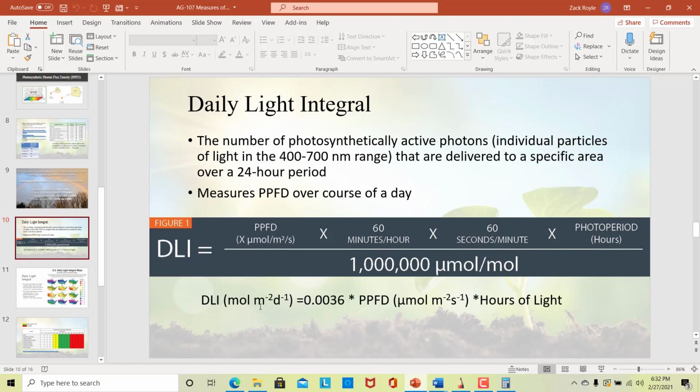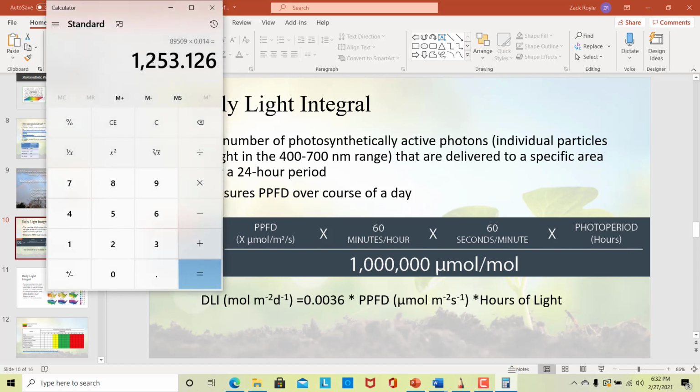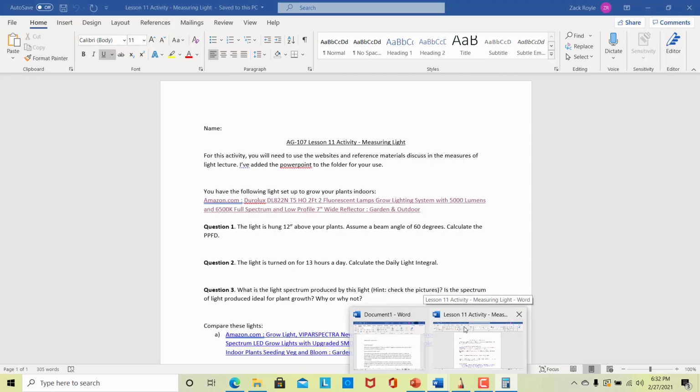So to calculate daily light integral, you take your PPFD value, which if I pull up our calculator, we have right here. You have to multiply it by how many hours of light are in the day. So if you go to your question, it would say there are 13 hours a day.